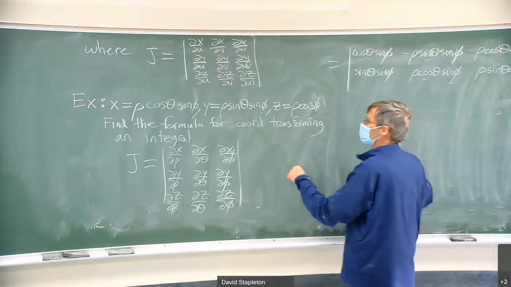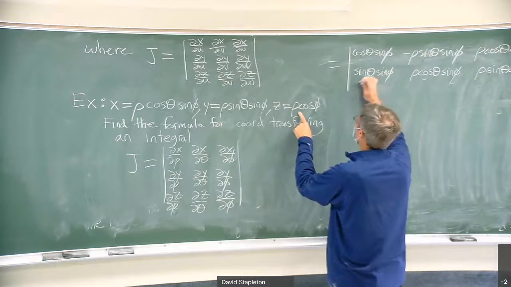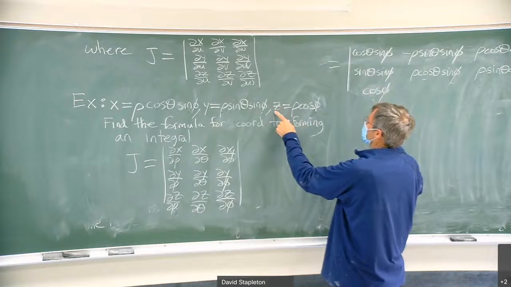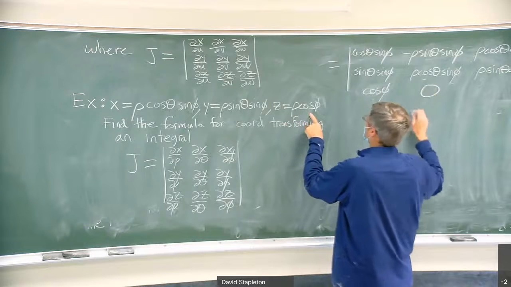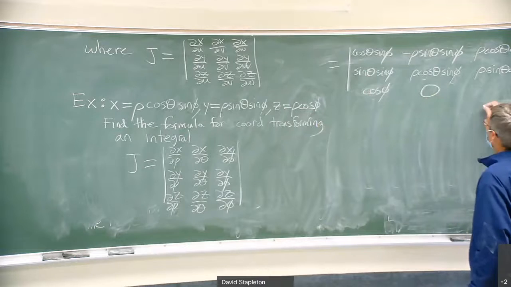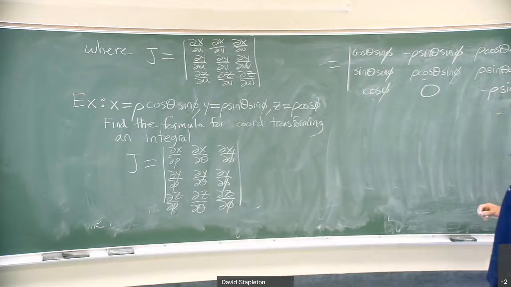And then finally, partial of z with respect to rho is cosine phi. Partial of z with respect to theta is 0. And partial of z with respect to phi is then minus rho sine phi. So there's the determinant I have to calculate for the Jacobian.